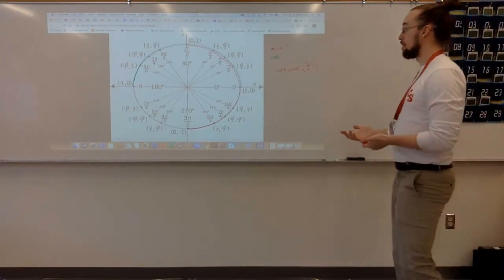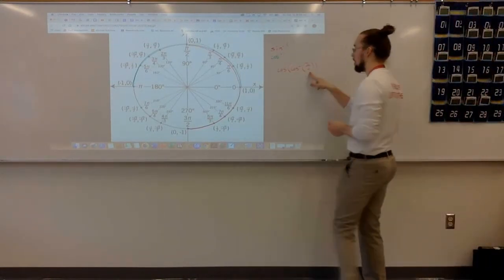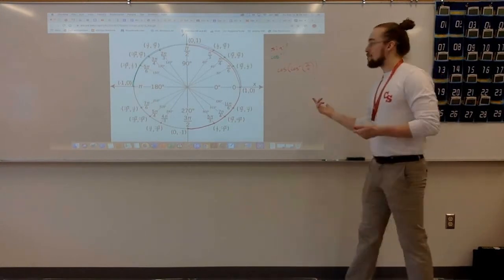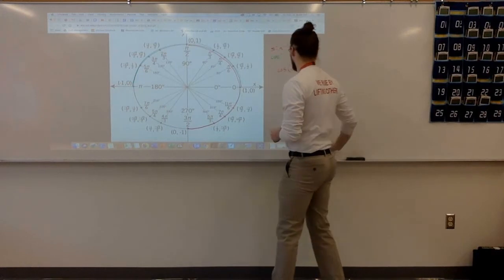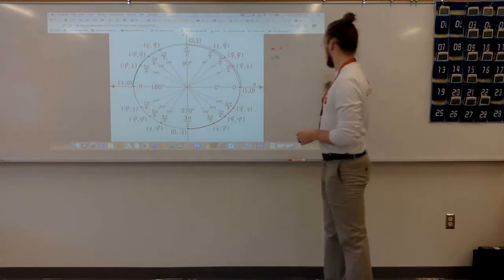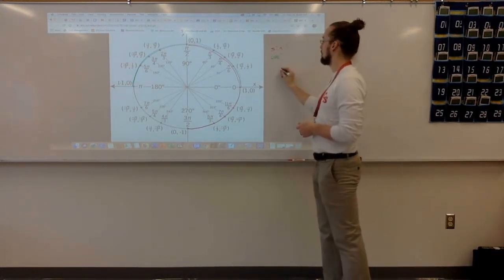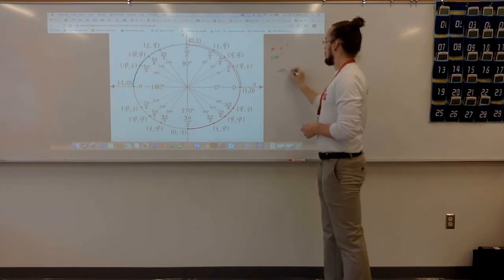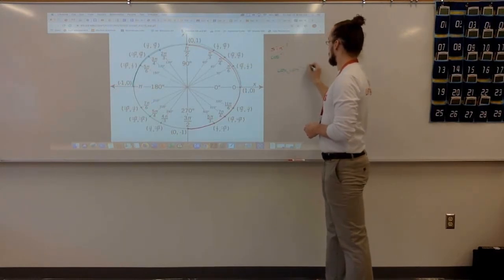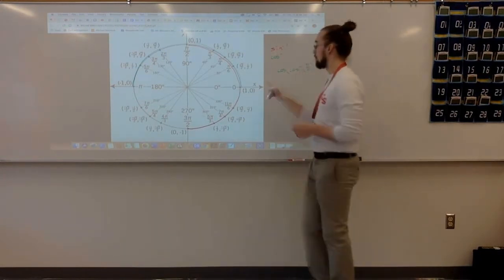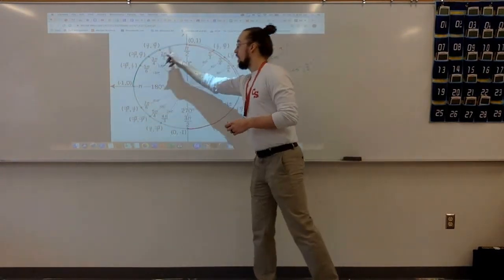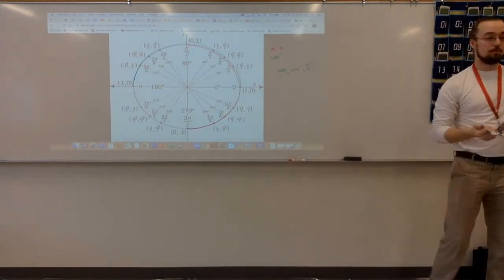range of our function. So I want to make sure that pi over 4 does fit on my, I guess I color-coded this backwards, didn't I? I did cosine in green. So cosine of inverse cosine of pi over 4. We want to make sure that pi over 4 is part of this range.